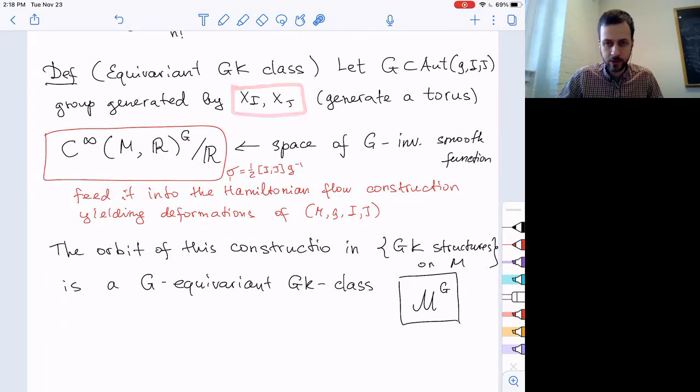And I want this extra data to be preserved under the flow construction. And this is indeed the case.